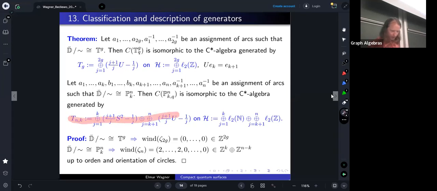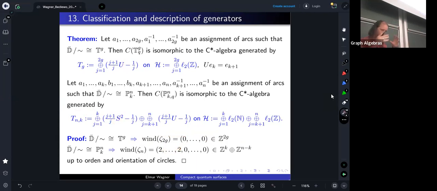So this algebra is generated by these quite simple operators, the shift and this unitary operator. And the proof is just what I mentioned. Winding number zero, we take the unitary. Winding number 2, we take the shift operator.